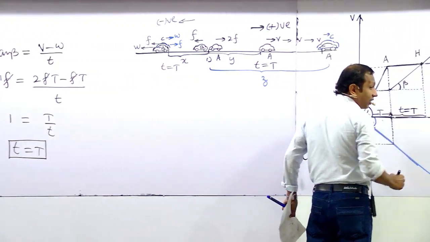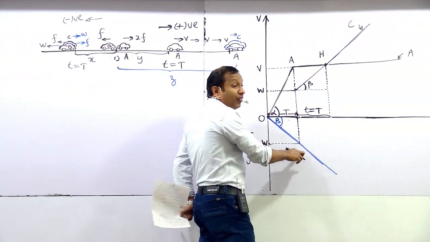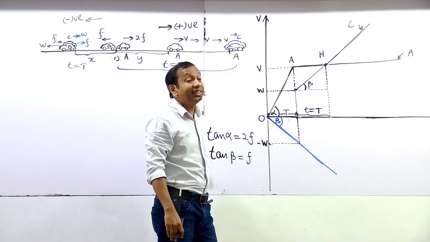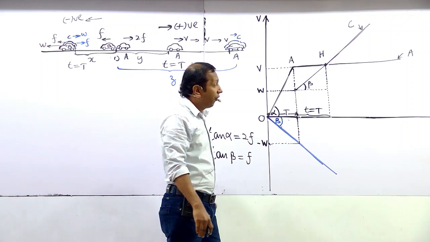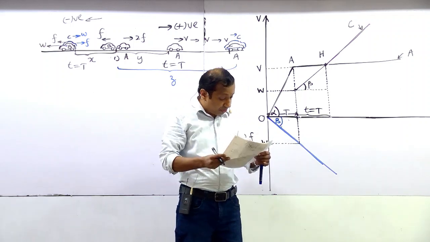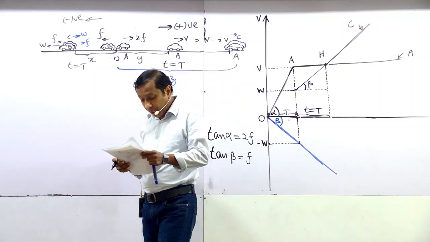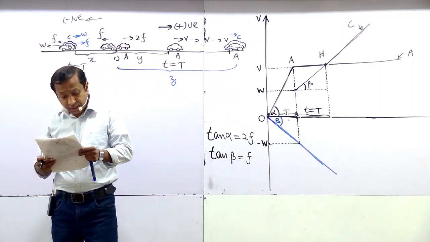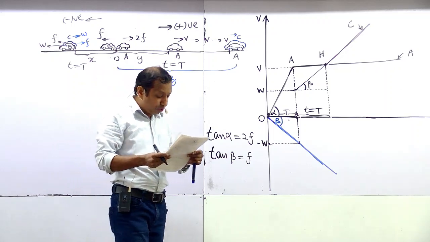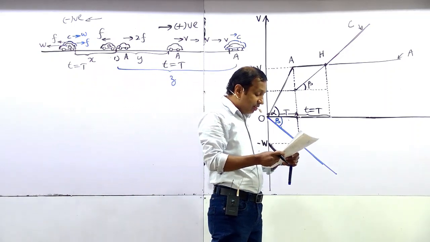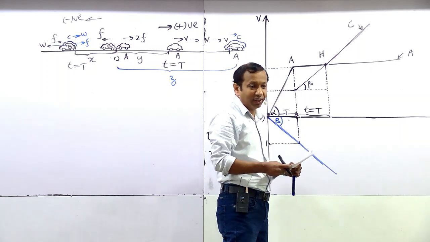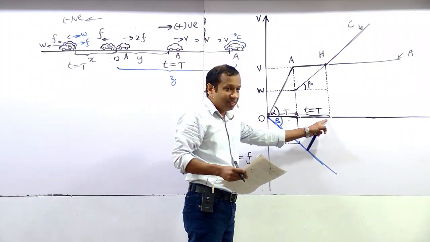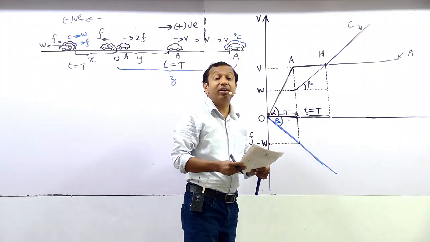You can clearly understand I did not complete the VT graph of B. Reason, people? We are given in the question somewhere what? The car B moves with uniform velocity it has acquired at time 2t. The time 2t we had to find. So now we found time 2t. This is t, this is t. Then the time 2t means what?